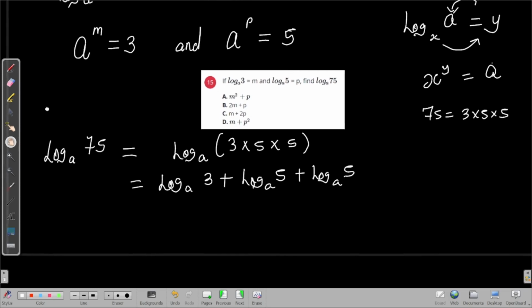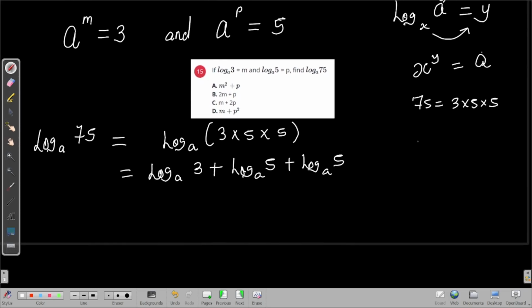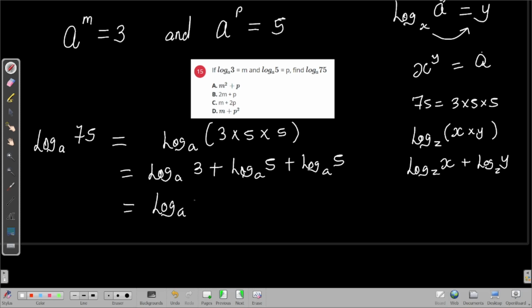You know that log x times y in base z is equal to log x in base z plus log y in base z. When you have multiplication in a bracket, you can separate them using addition. So this is equal to log 3 in base a plus log 5 in base a plus log 5 in base a. That's 2 log 5 in base a.